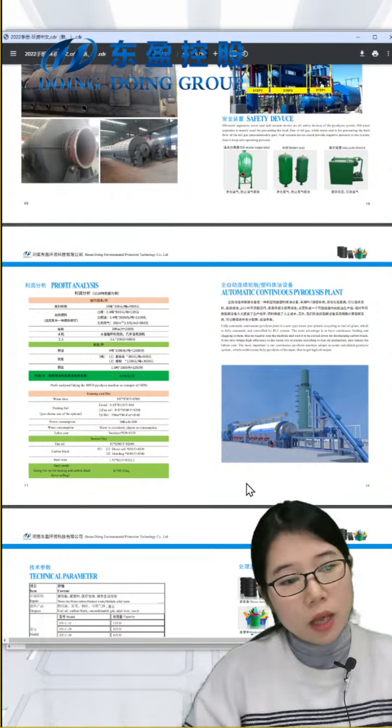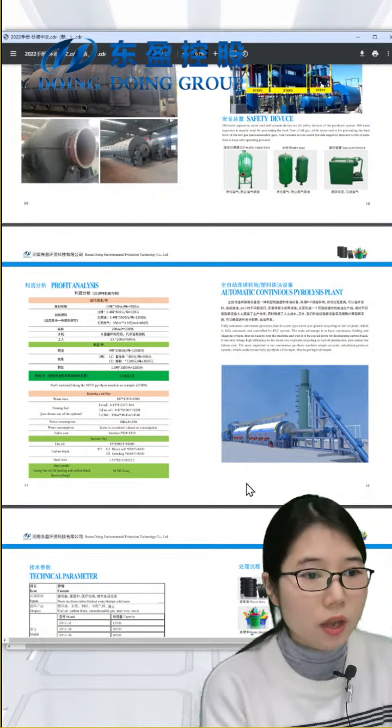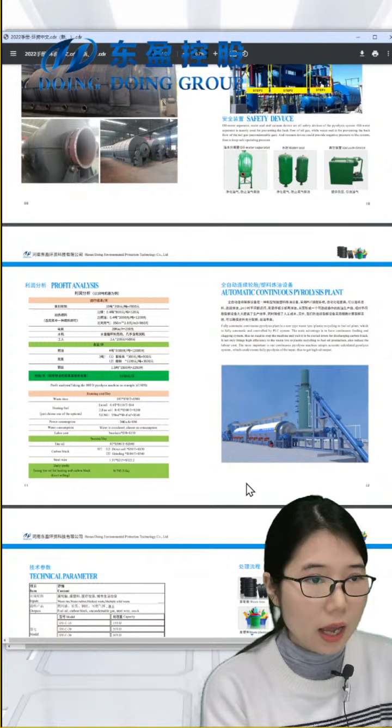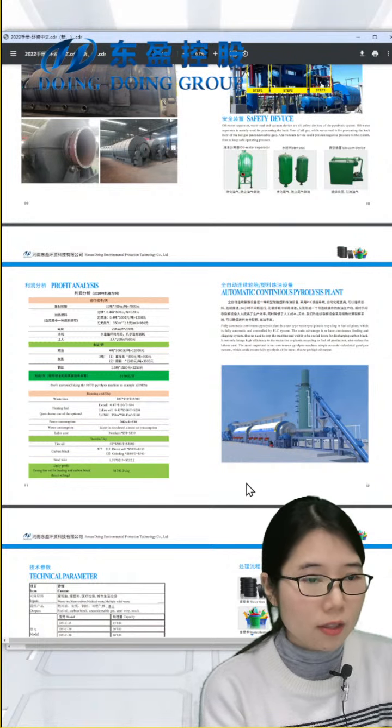What I introduced to you just now is our batch pyrolysis machine, and we also have the full continuous pyrolysis machine.